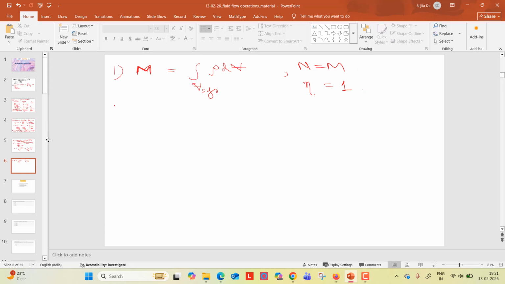Similarly, for the linear momentum case, P, we have said momentum means mass into velocity. So we can write mass like this, rho dV, this is mass, times velocity, which is v. All these things are vectors.